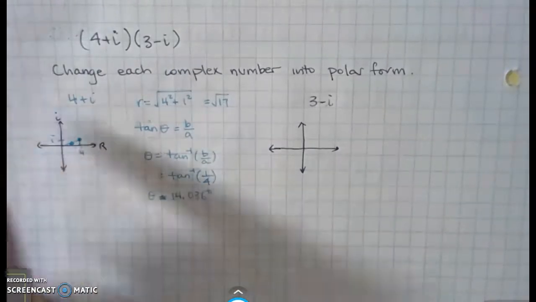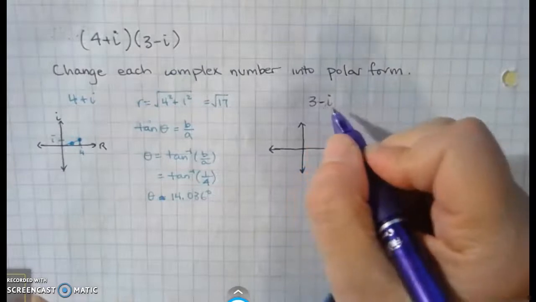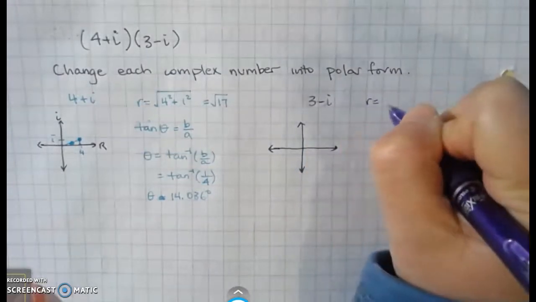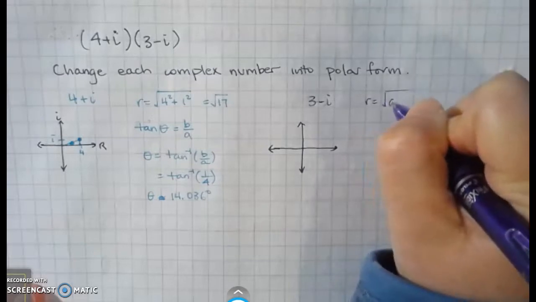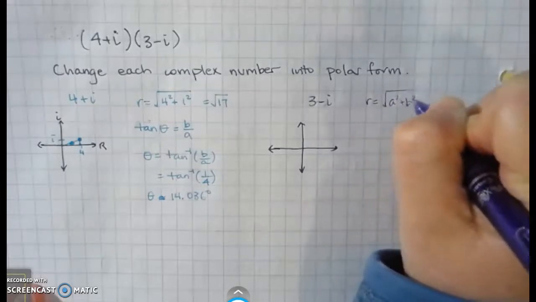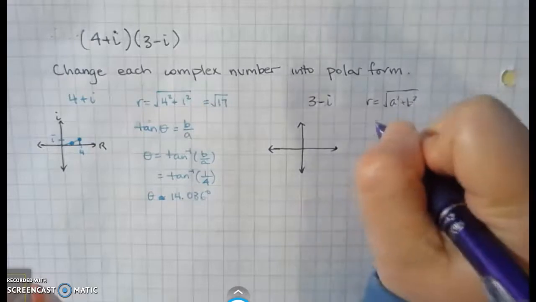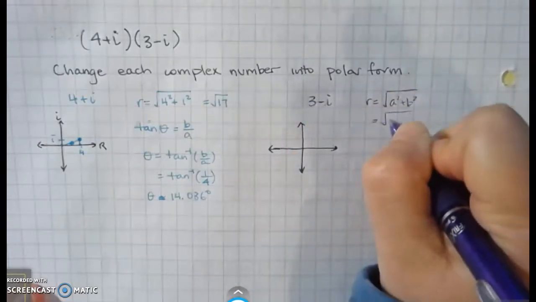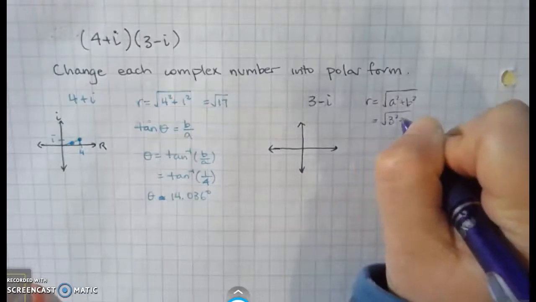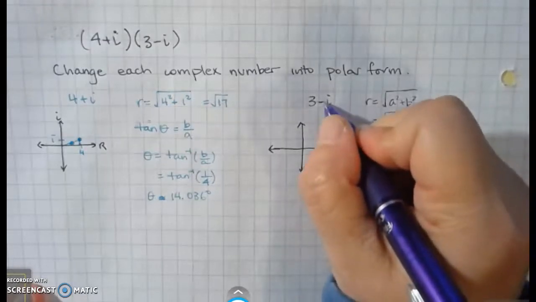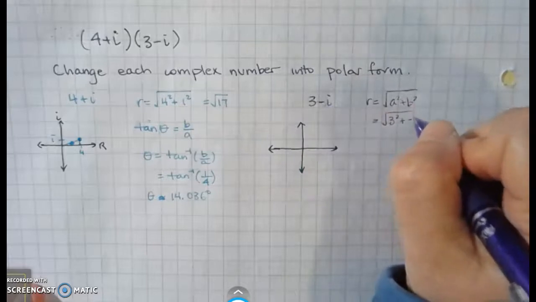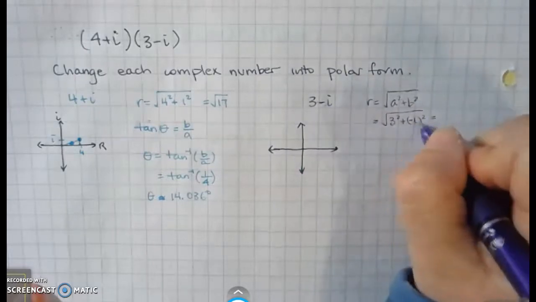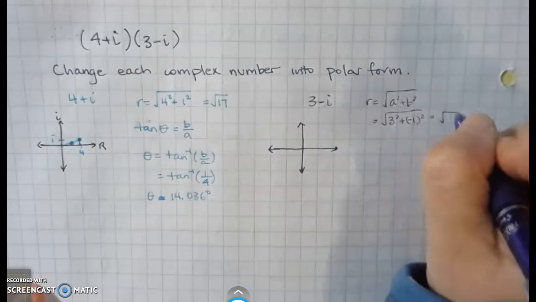Okay, let's do the same thing for 3 minus i. 3 minus i, what is the radius? Radius, remember, is square root of a squared plus b squared. And in this case, a is 3, so that's going to be 3 squared, plus b is negative 1 here, so that's negative 1 whole squared, and that is 9 plus 1, which is 10.